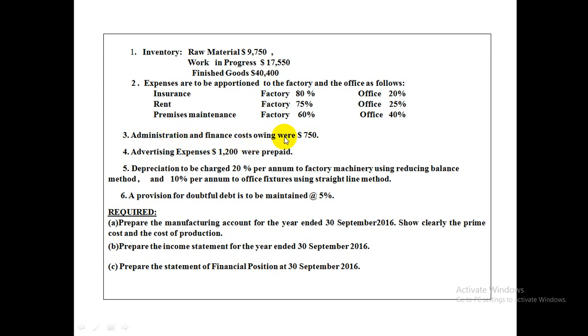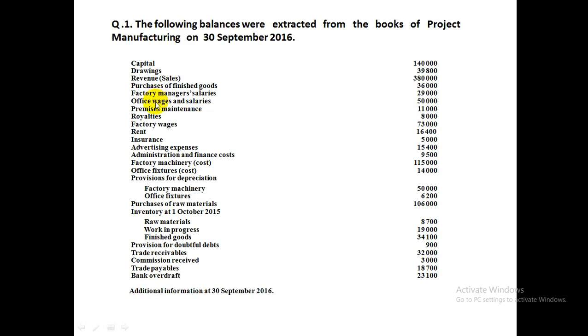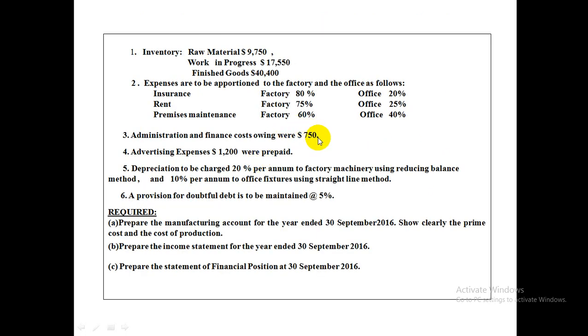That means this expense is still unpaid. We had already paid administration and finance, and this was figured here. We'll be adding the owing amount in the previous balance. Advertising expenses 1200 prepaid. From previous advertising expenses, we'll subtract 1200 and we'll show this in the balance sheet of project manufacturing.